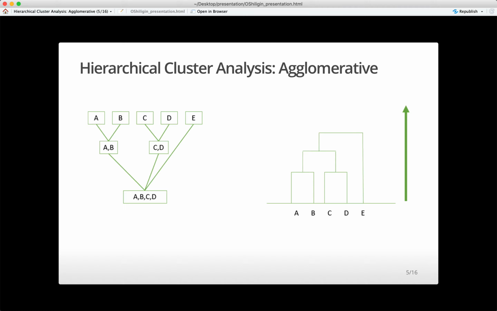There are two types of hierarchical cluster analysis, agglomerative and divisive. One way to approach hierarchical clustering is by starting with each data point serving as its own cluster and recursively joining the similar points together to form clusters. This is known as agglomerative hierarchical clustering.